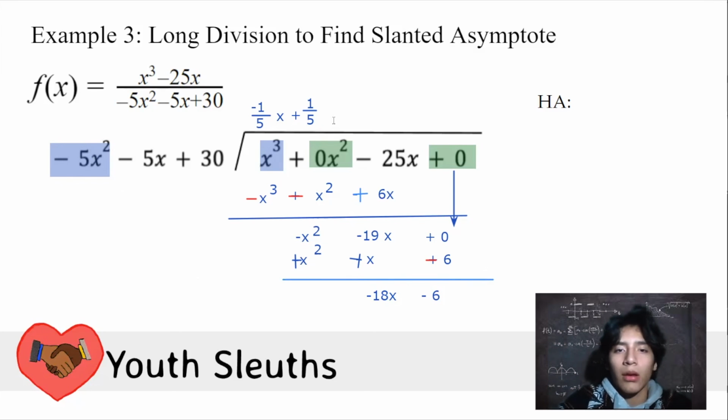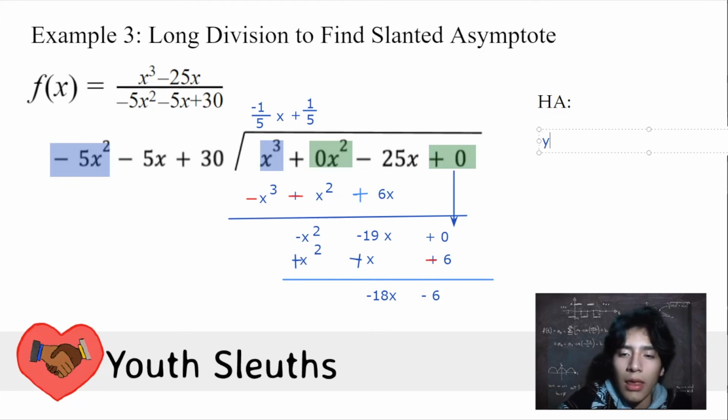So usually we would put the remainder back in the quotient, but since we are trying to find the slanted asymptote, we are gonna leave the remainder and just focus on our quotient up here.